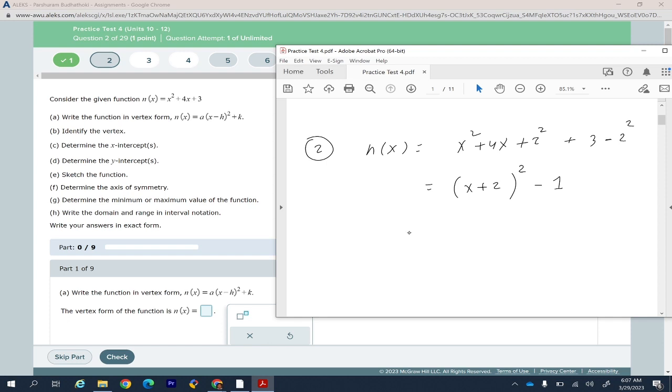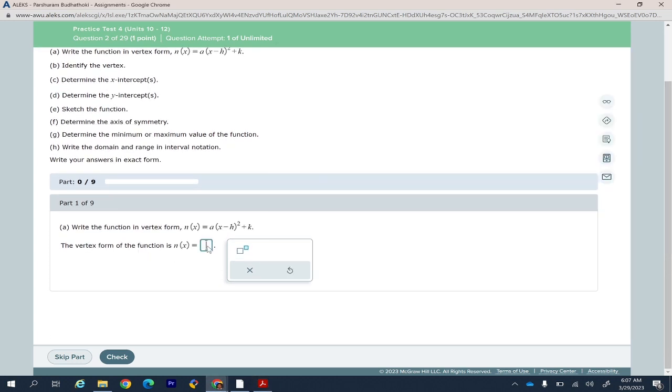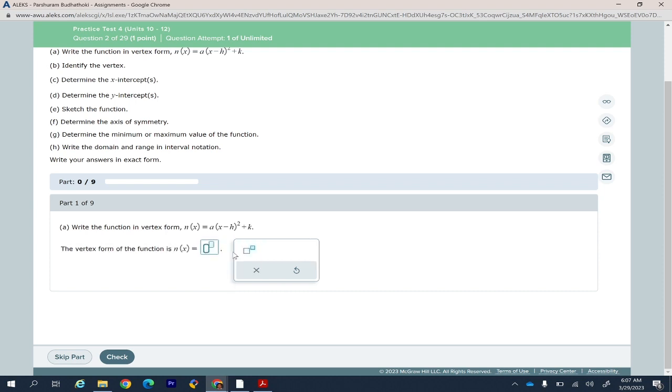Vertex is (-2, -1), because h is -2 and k is -1. And now we can answer all these questions. So the vertex form of the function is (x + 2)^2 - 1.